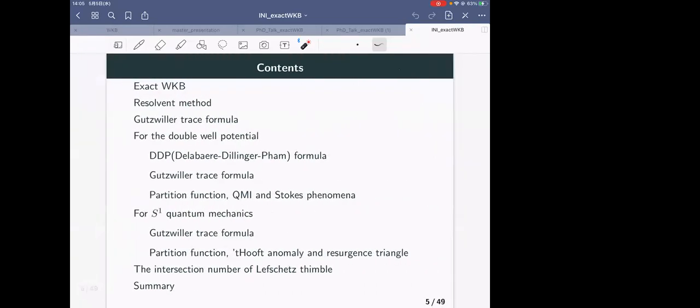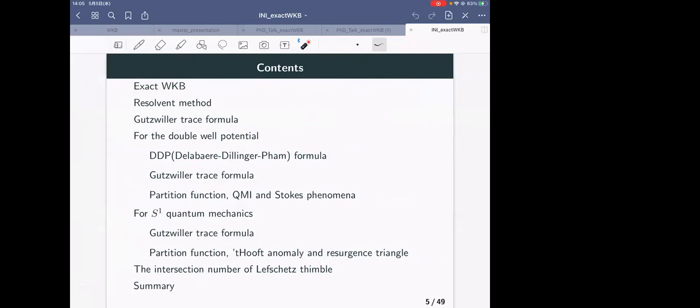And the contents are as follows. First, I'll review the basics of the WKB. And after that, I explain how to connect the different quantization methods using the resurgent method.